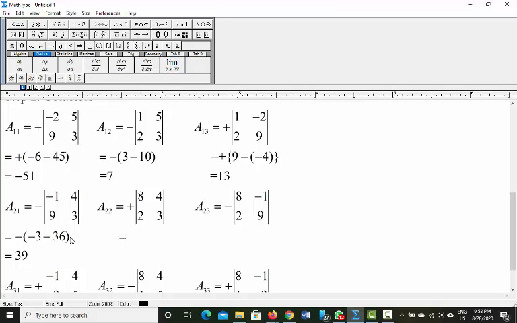Right, so now let's do this one. We have a plus there, bracket. First we will multiply the right diagonal elements.